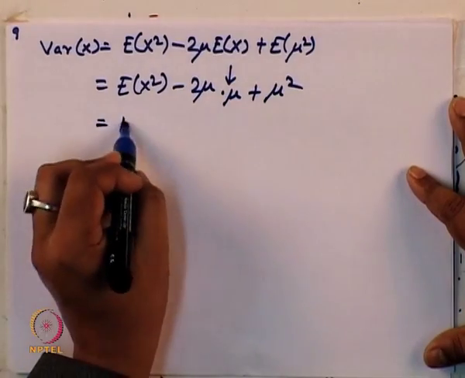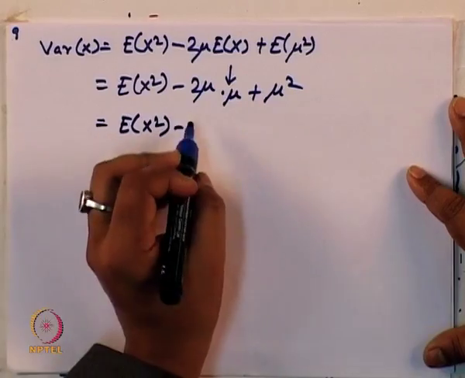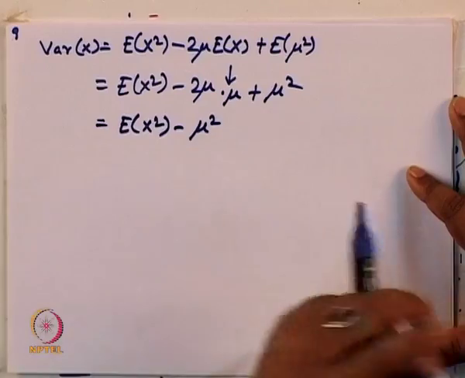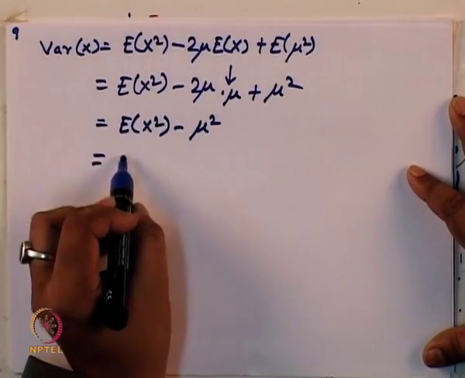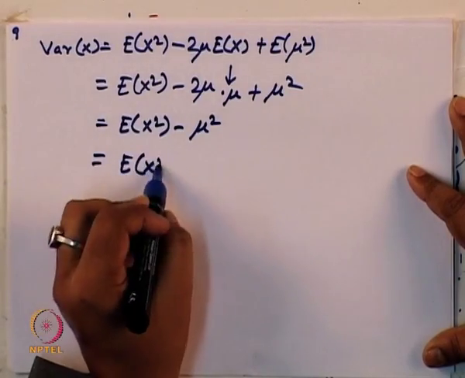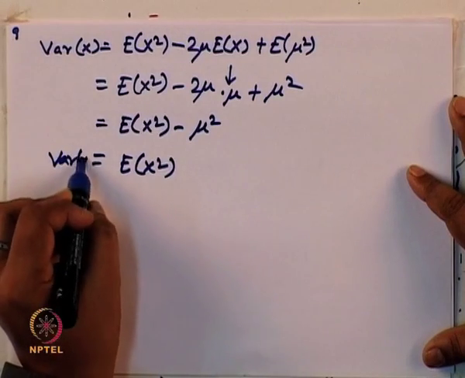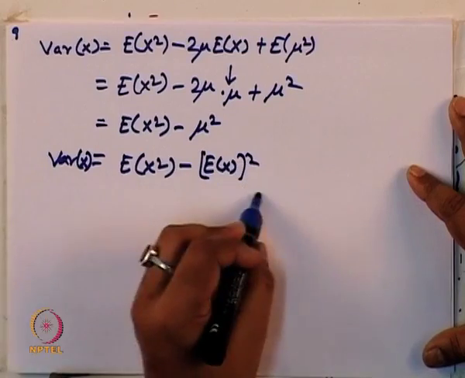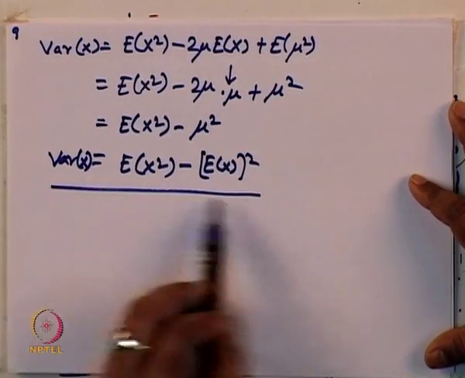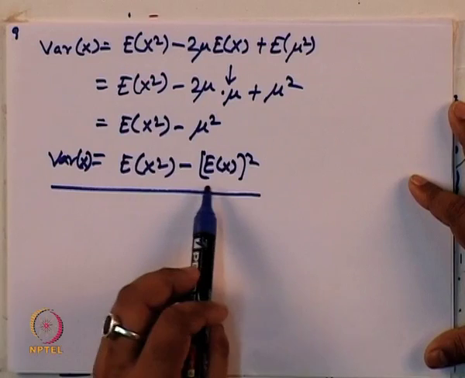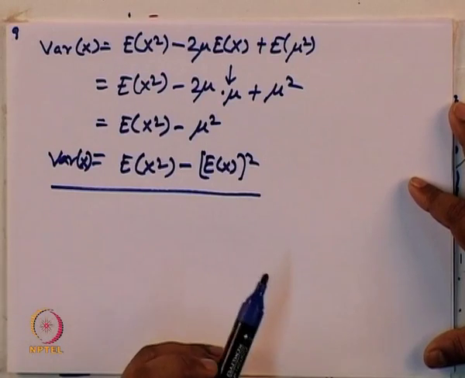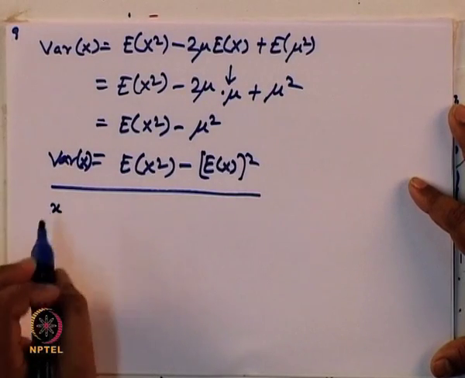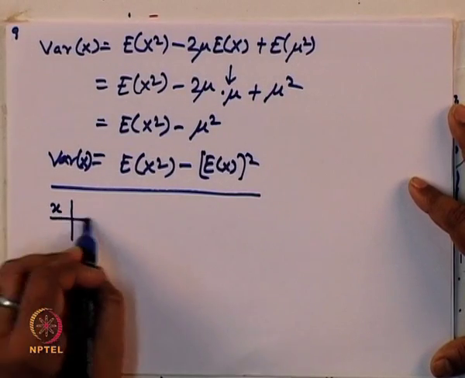So, this gives me a minus 2 mu square term and a plus mu square term. So, this will give you a minus mu square term. So, variance of x, this is the final expression: expectation of x square minus expectation of x whole square.